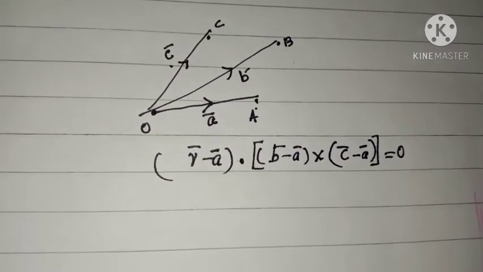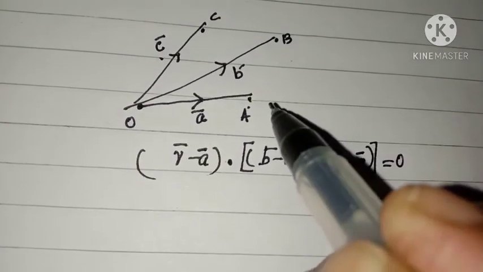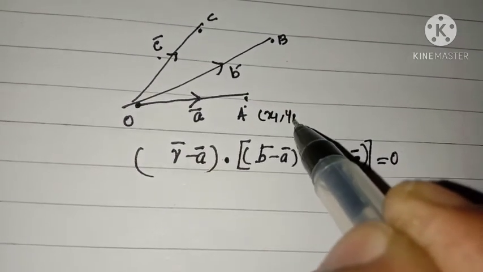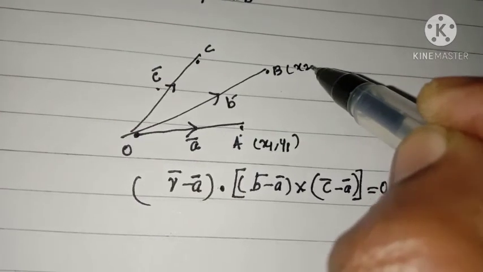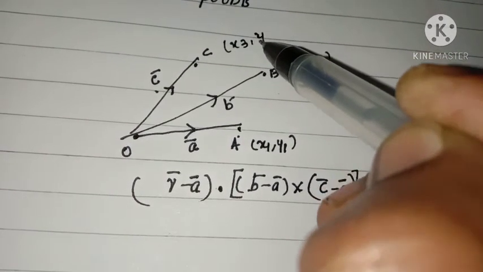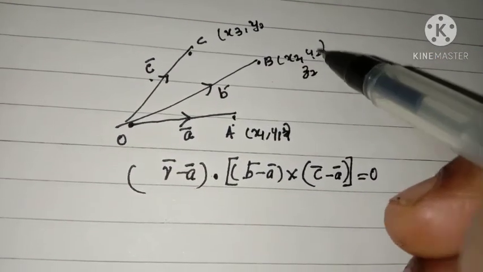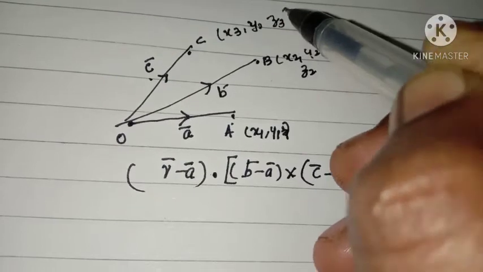This is the vector equation, and the Cartesian form is, suppose this is the point x1, y1, z1, this is the point x2, y2, z2, this is the point x3, y3, z3.